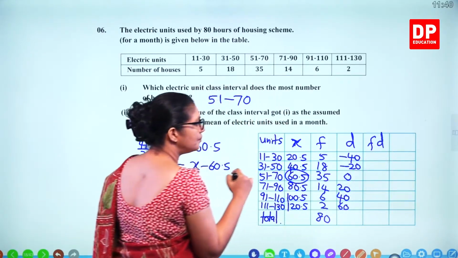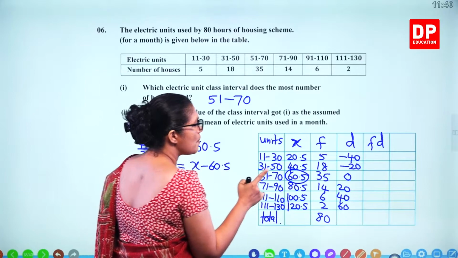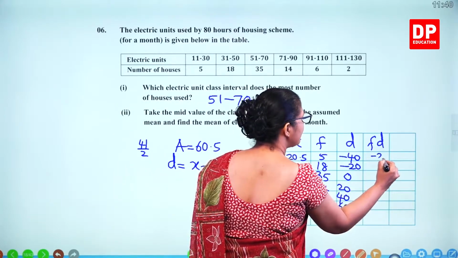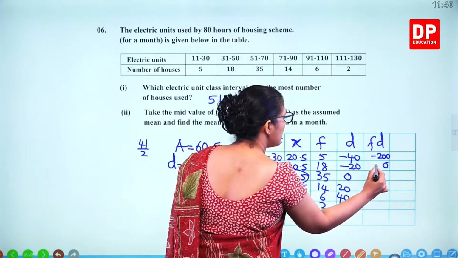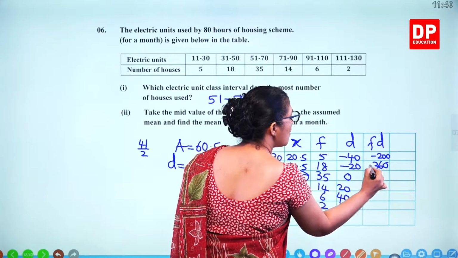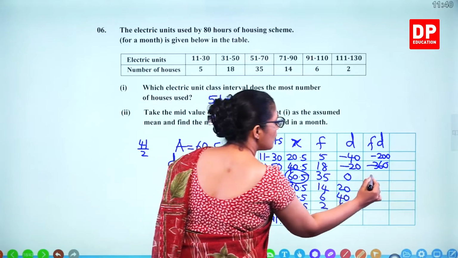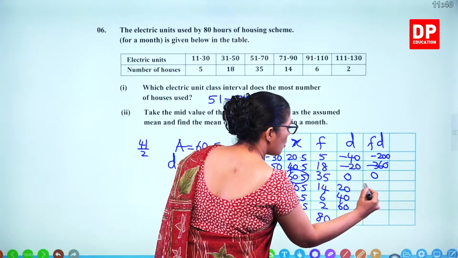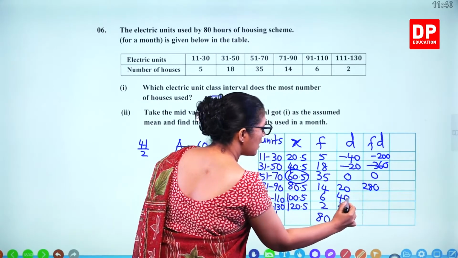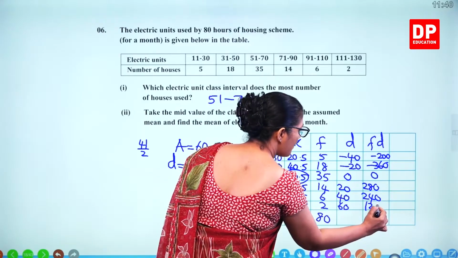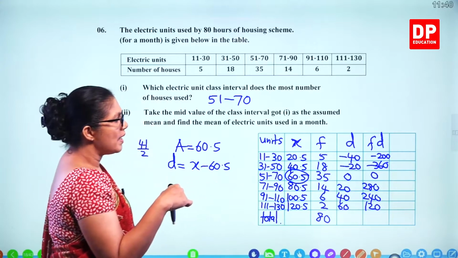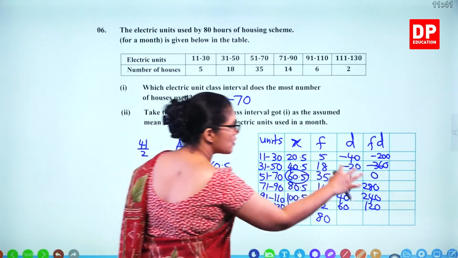FD. 5 times minus 40, minus 200. 18 times this, minus 360. Here you get 0, 280, 240. 2 times 60, 120. Now we'll add it. Positive values first.